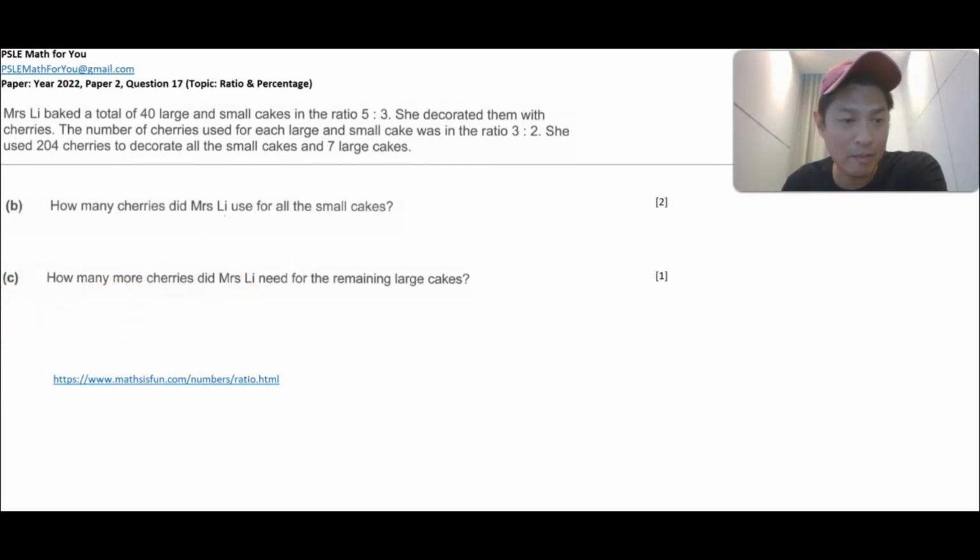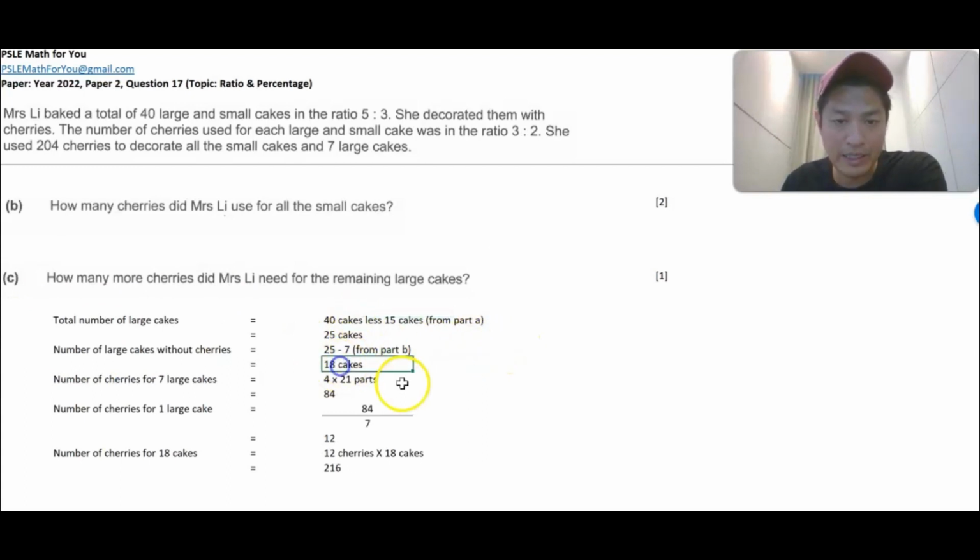Now let's see how I approach this question. So that's the 18 cakes here. And from part B of the question, we said that 7 large cakes required 21 parts of cherries.